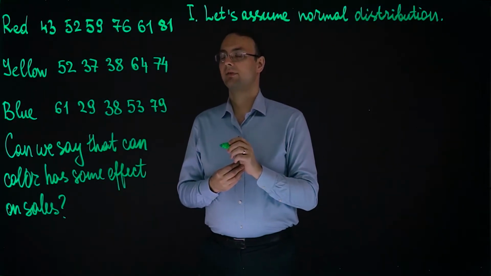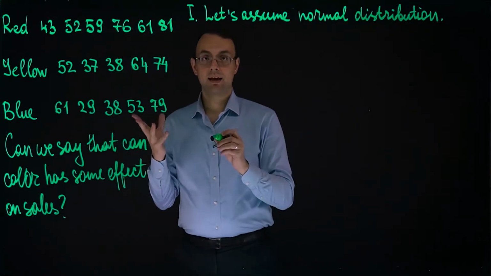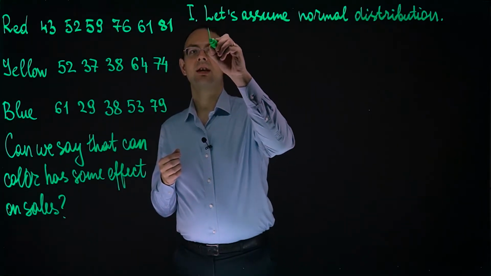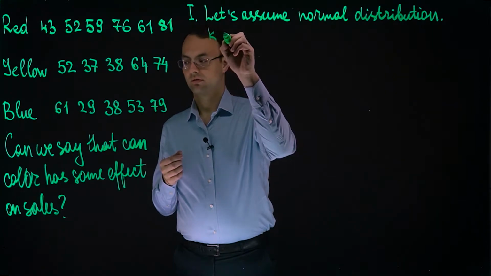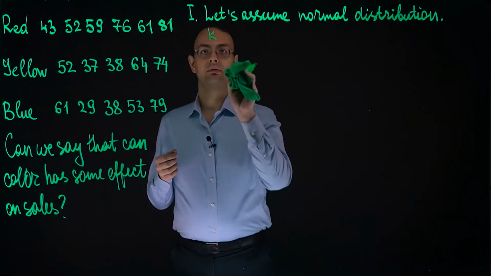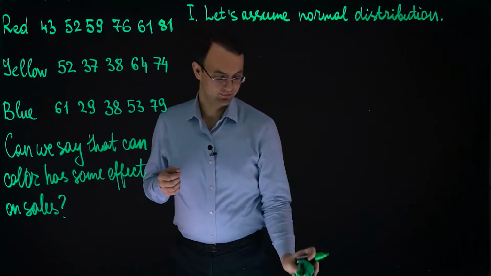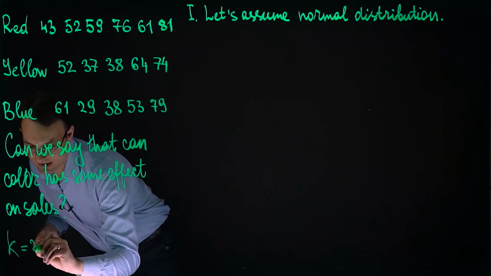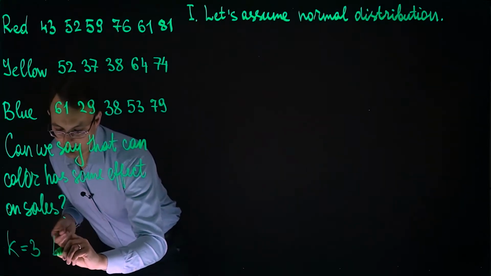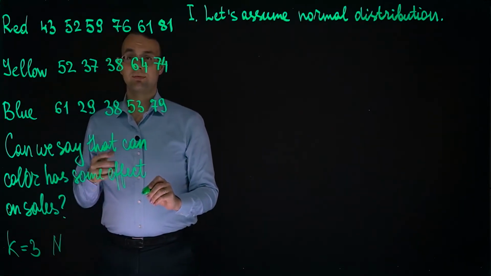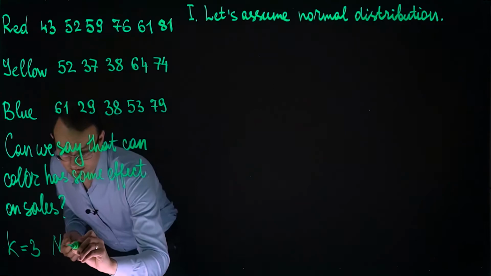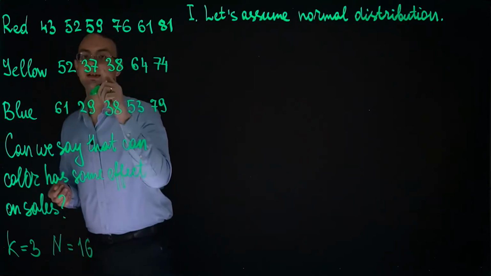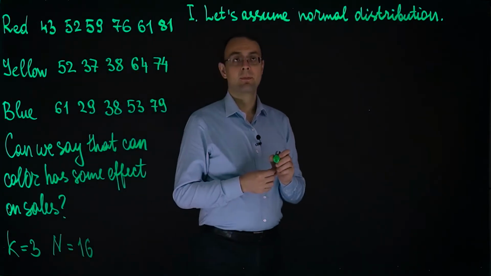And here we have, so k is the number of factor levels. So k is 3, and capital N, the total number of observations, is 16. So we have 6 plus 5 plus 5.